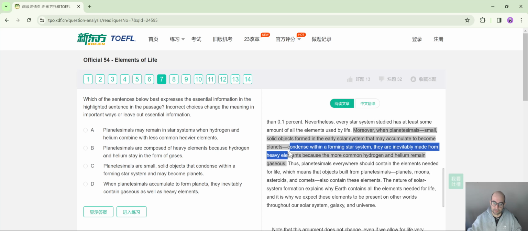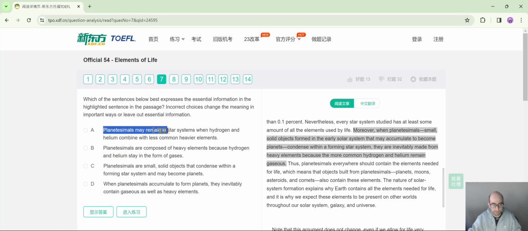We want to note the rest of the information about them. Condensed, so when they come together within a forming star system, they're inevitably made from, and we remember that, heavy elements because of this. Okay, so planetesimals may remain in star systems when hydrogen and helium combine with less common, may remain. They didn't say anything about them staying somewhere, so that doesn't make any sense.